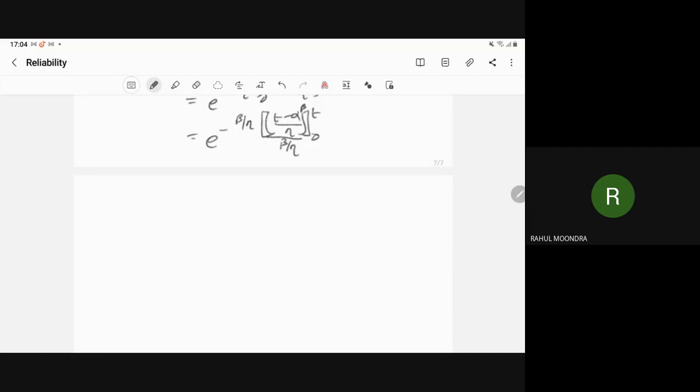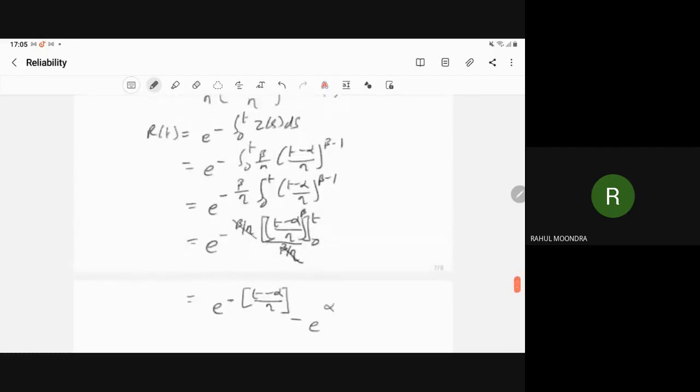So beta upon eta you can cancel out. This will become e to the power minus (t minus alpha upon eta) to the power beta, and then we put in the lower limit 0.